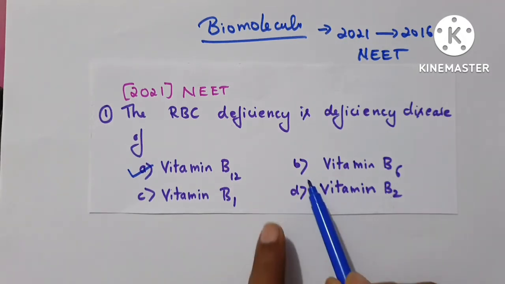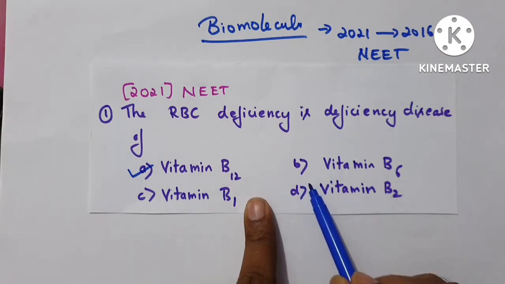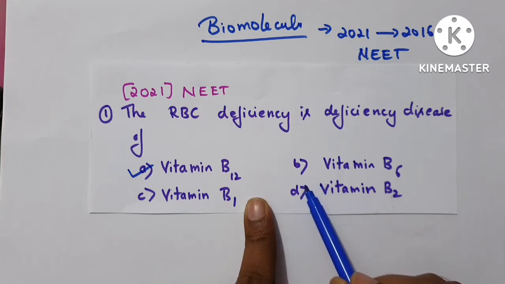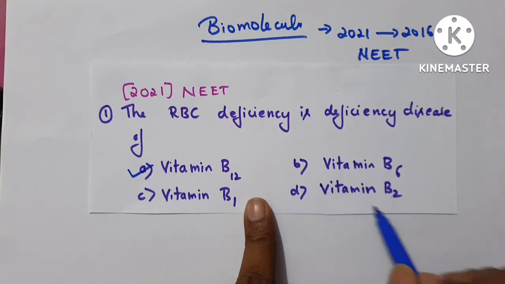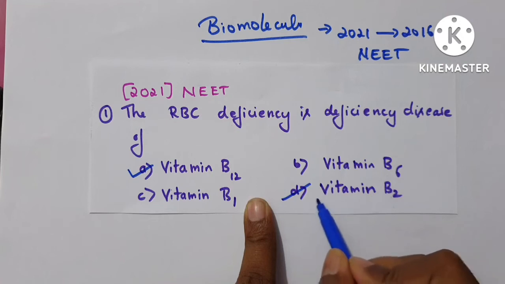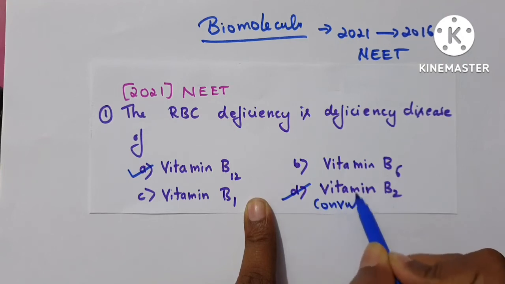Vitamin B6 causes a disease known as convulsions, with effects on the central nervous system. Convulsions, you remember this one.